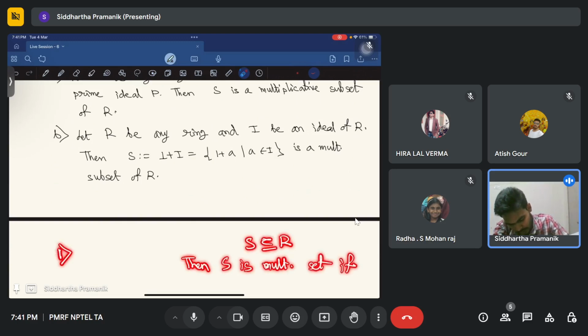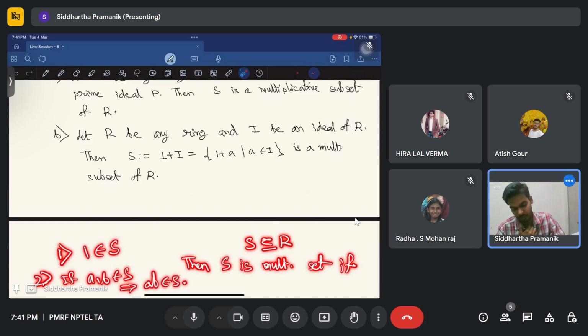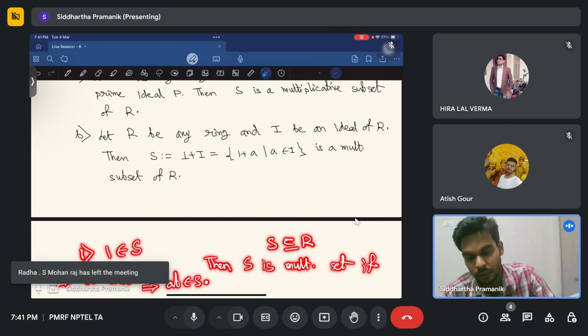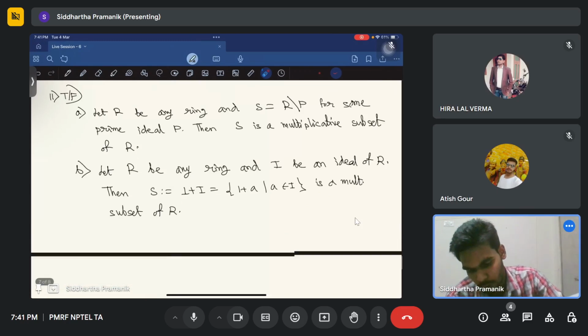So first one is 1 should belong to S, and second one is if a and b belong to S, then that should imply the product also belongs to S. So for each of the two questions, you need to check these two conditions. So try the first one.